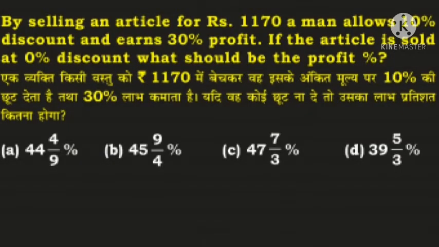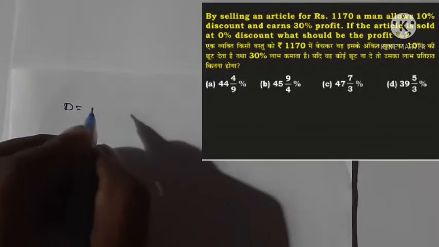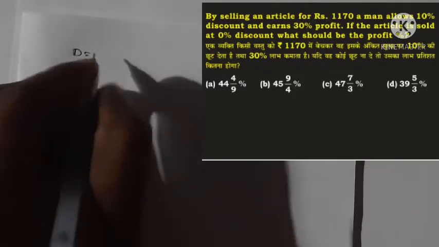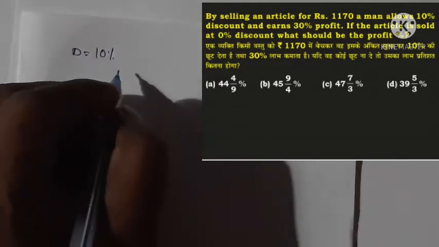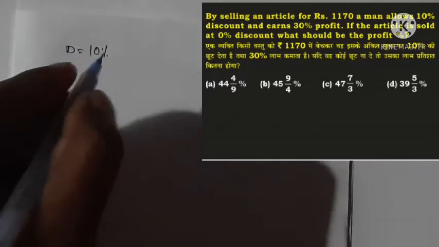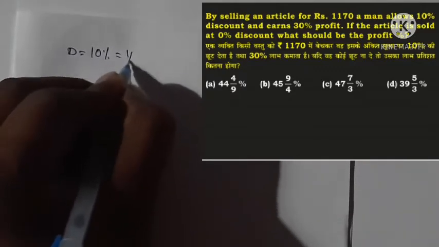By selling an article for rupees 1170, a man allows 10% discount and earns 30% profit. If the article is sold at 0% discount, what should be the profit percentage? Discount is equal to 10%, so 10% can be written as 1 by 10.